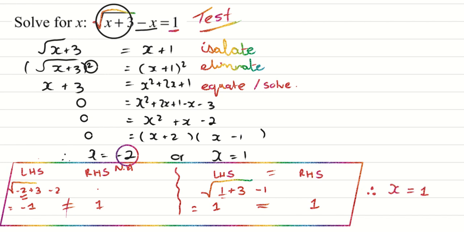So a brief recap. For surd equations, we do it in 3 steps. We isolate the surd. Anything that is not the square root needs to go to the right-hand side. Okay. Thereafter, you eliminate your surd by squaring both sides. We did that. After this, you just solve it. All right.